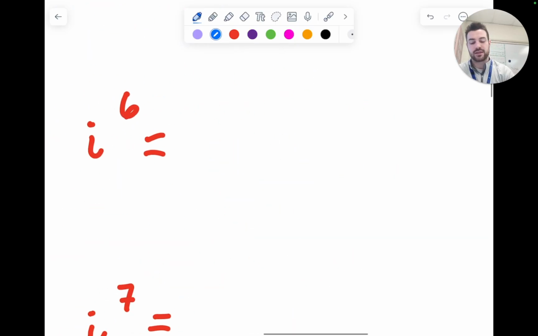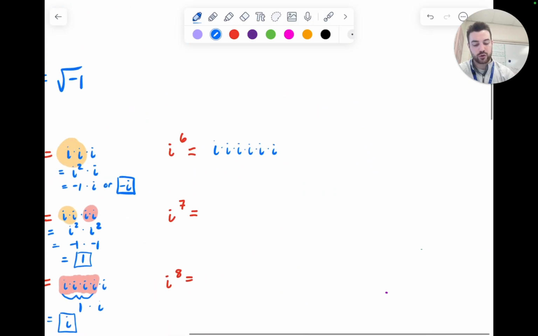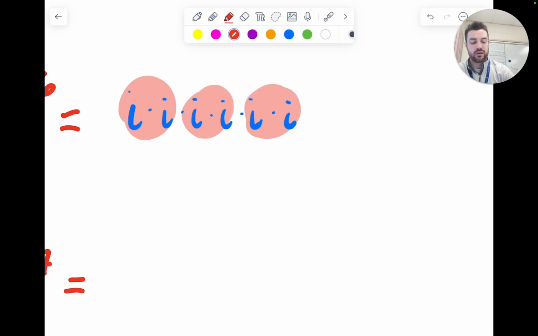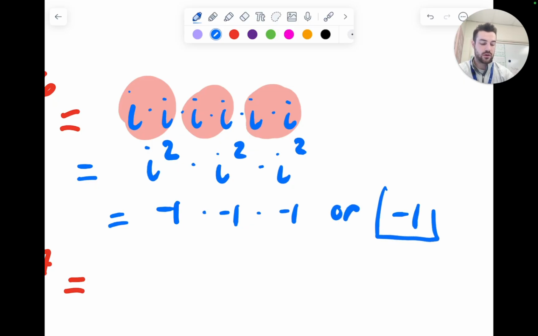Let's see what i to the sixth is going to be. Well, we've got several groups of 2 we can focus on, if that makes it easier. There's 1, 2, 3, and the reason I chose that is because we know that i squared is -1. So we have -1 times -1 times -1, or -1.